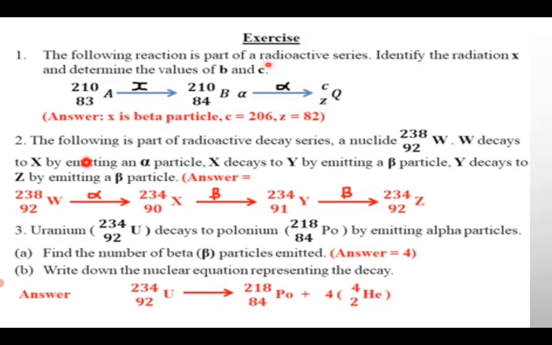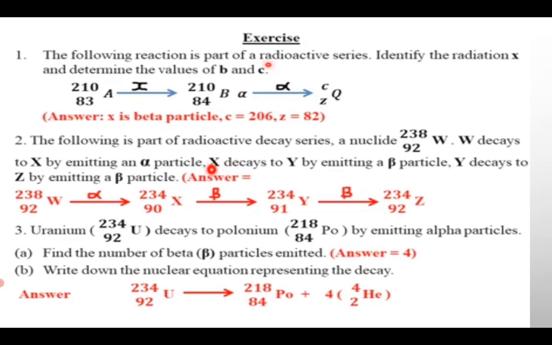Number two, the following is part of a radioactive decay series. A nuclide which is given by this information here decays to X by emitting an alpha particle. X decays to Y by emitting a beta particle, and Y decays to Z by emitting a beta particle.